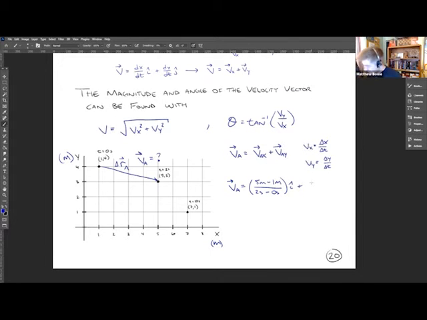You're going to have to add the vertical velocity. Okay, so final is 3. Let me get rid of that. Okay, 3 meters minus 4 meters. And how long did it take? It took the same amount of time because this is final and initial. 2 seconds minus 0 seconds.